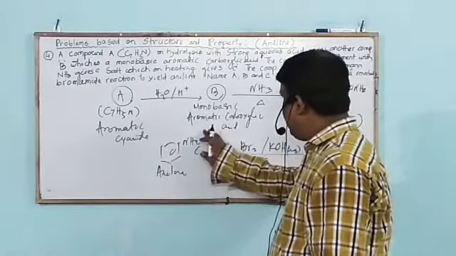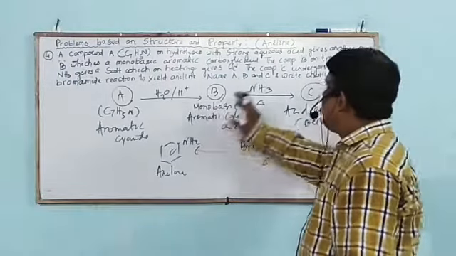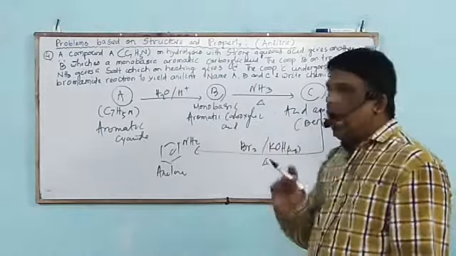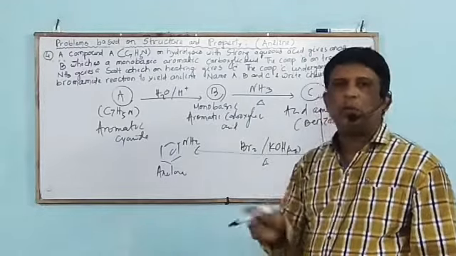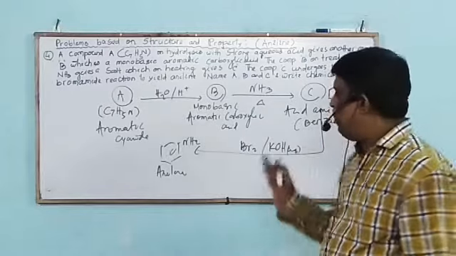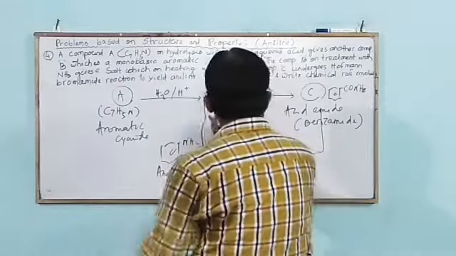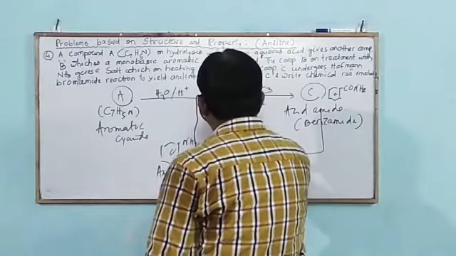That means B is benzoic acid. When benzoic acid is heated with ammonia, ammonium benzoate is formed, which upon heating loses a molecule of water to form benzamide. So B is benzoic acid.